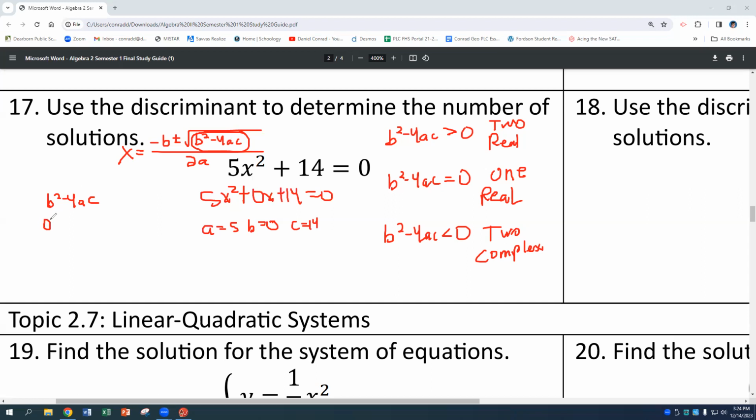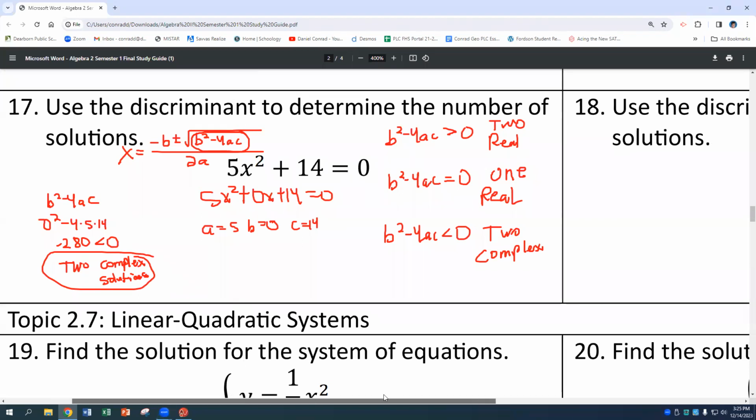So that's going to be 0 squared minus 4 times 5 times 14. 4 times 5 times 14 is going to give us negative 280. Since 280 is less than 0, this is going to be two complex solutions. Okay, two complex solutions.